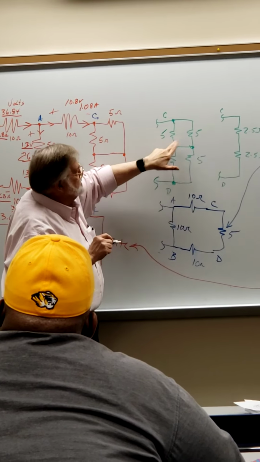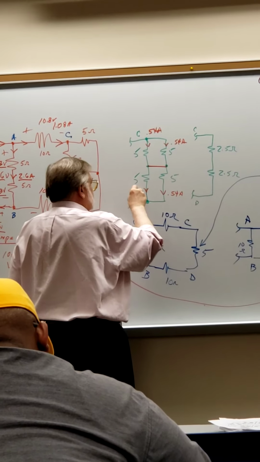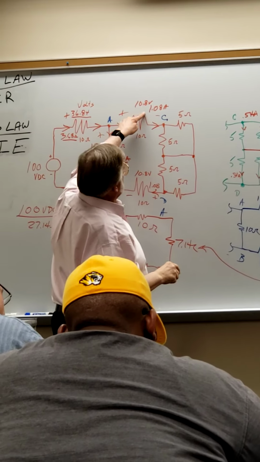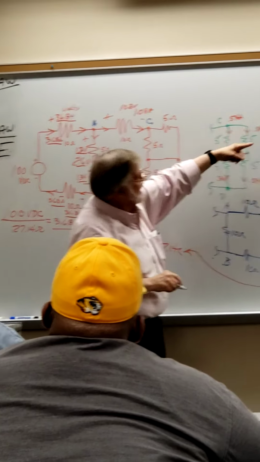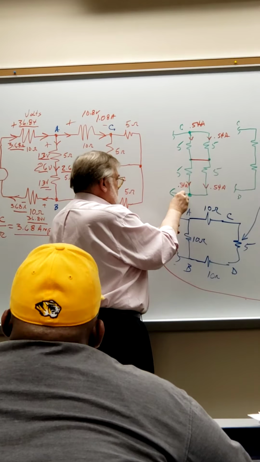So I have 1.08 here, which means I'm going to have 0.54 amps here, and 0.54 amps here, and 0.54 and 0.54. Because I had 1.08 amps coming in and I split 50-50. They come back as 1.08.